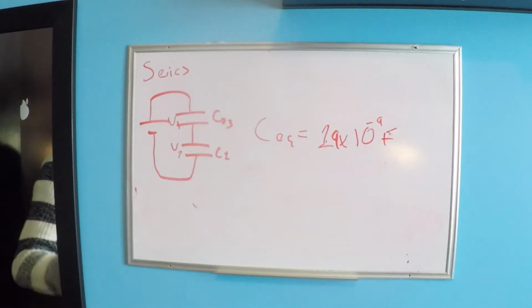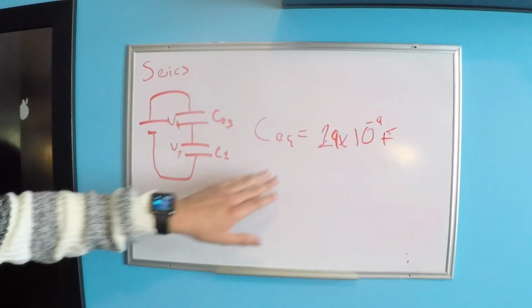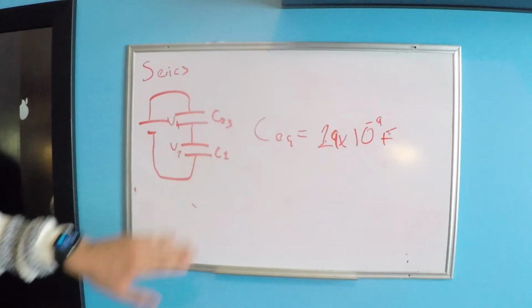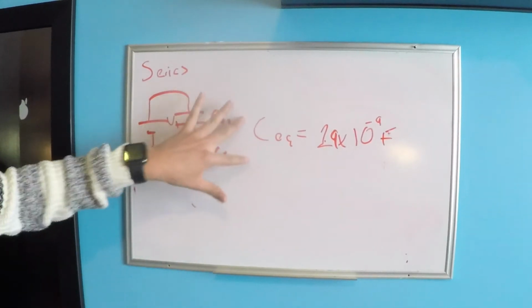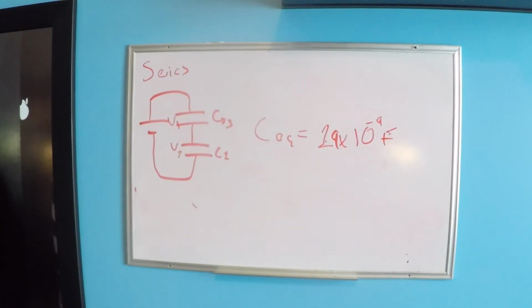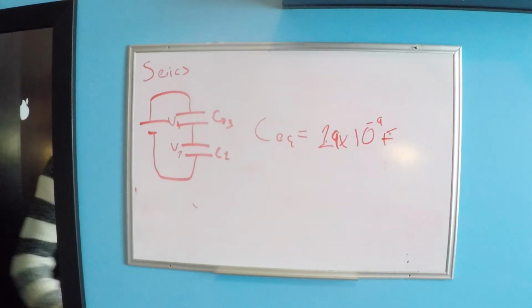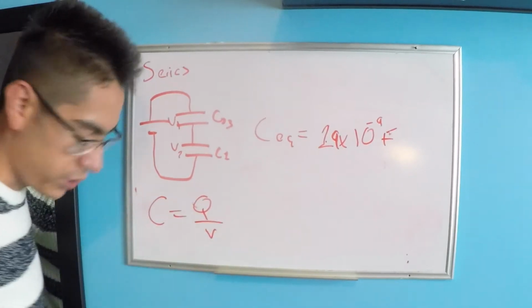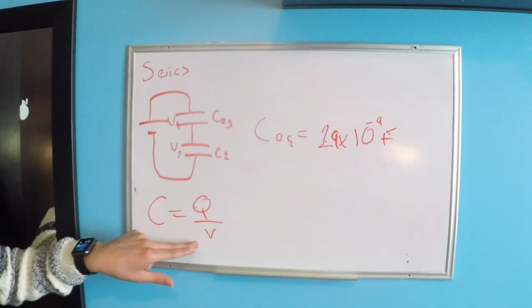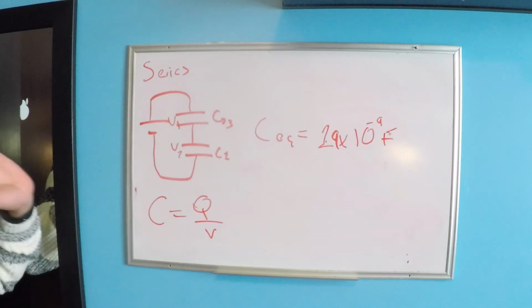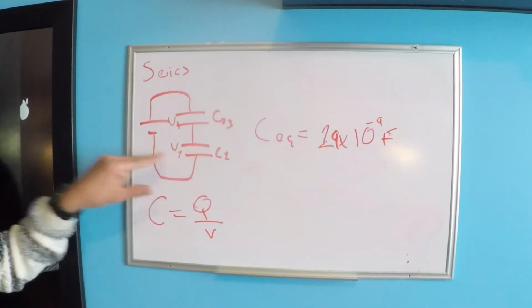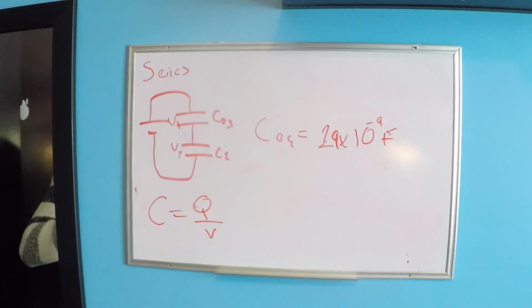Okay, so what happened next? We have our equivalency of these two capacitors. Then we have to use C equals the charge over the voltage, so that we can find the voltage V2.